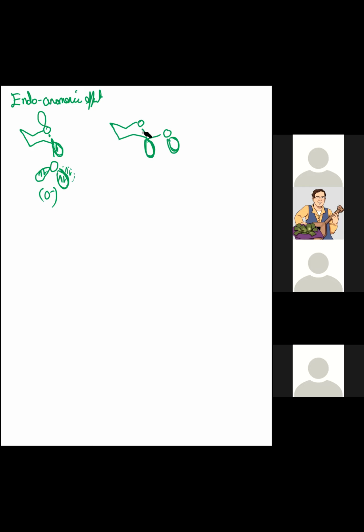So this effect works whether the substituents are alpha or beta. So this is the anomeric effect.